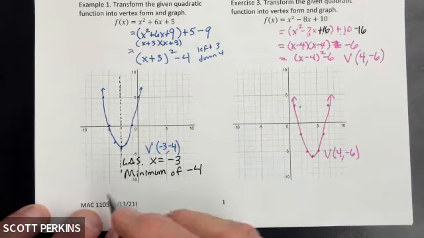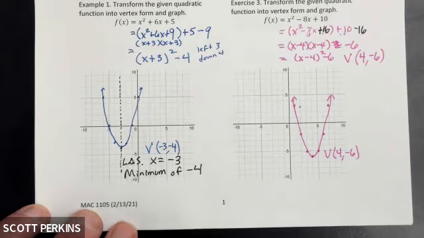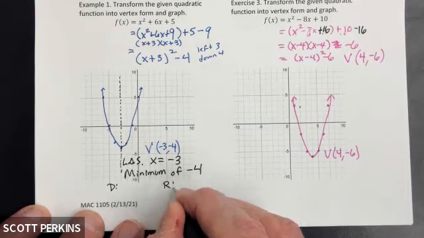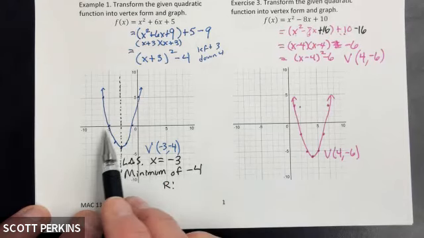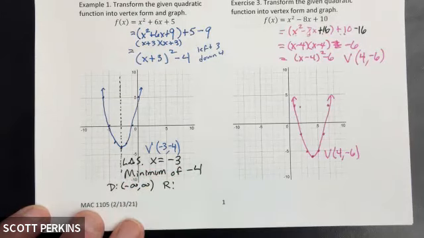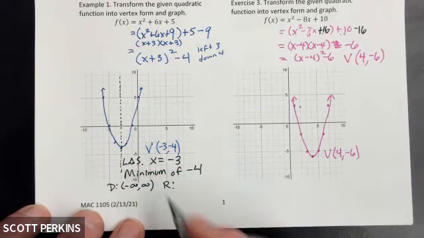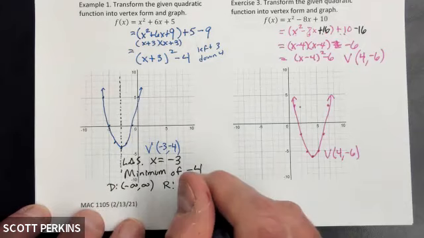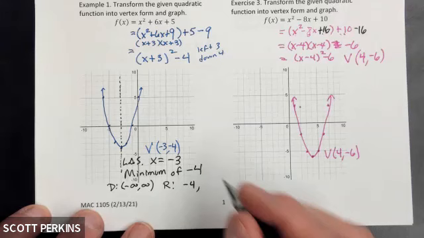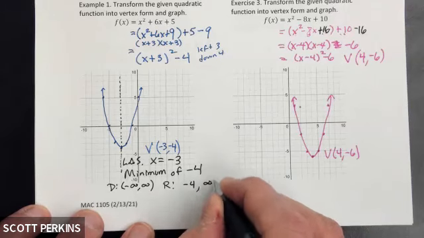And then domain and range, I don't think the domain and range are too much of a mystery. We've done them many times before. The domain of this, left and right, goes from -infinity to +infinity. All of my parabolas do. And then my range, my lowest y value, we just saw the minimum was -4. And then the maximum y value, the upper limit, there is none, so we use infinity.